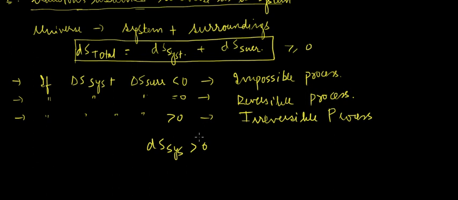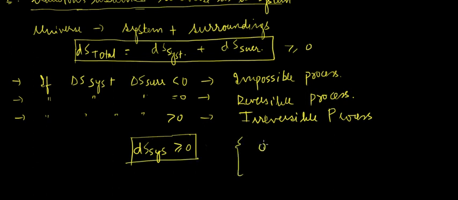So on a general basis we can write that dS of system would be greater than or equal to 0. It would be 0 in case of a reversible process, and it would be greater than 0 for an irreversible process.